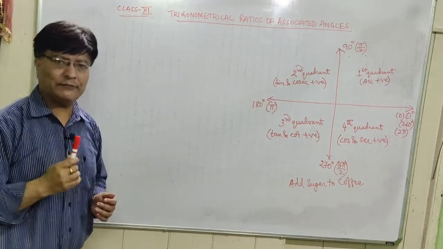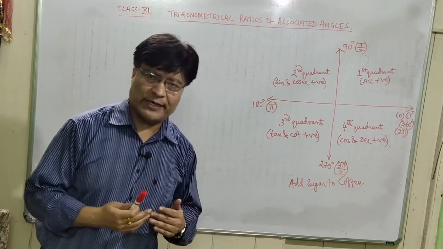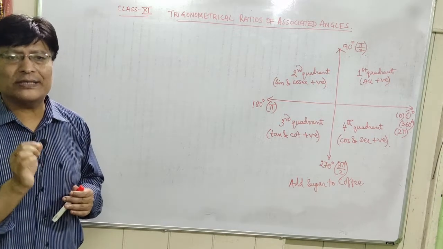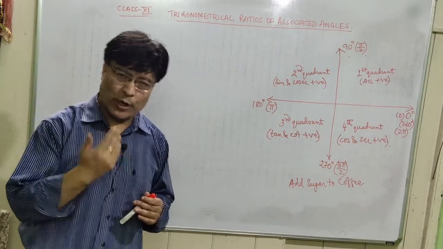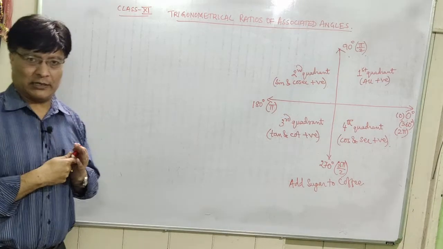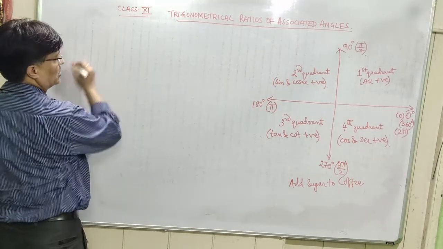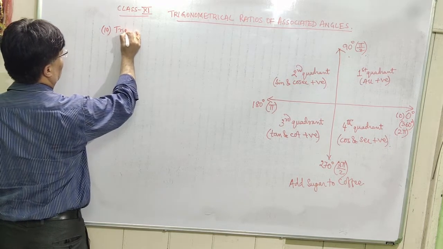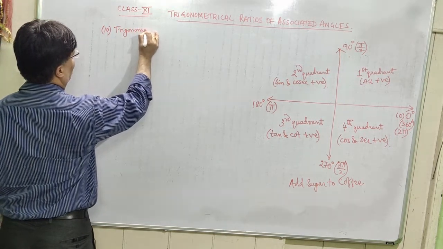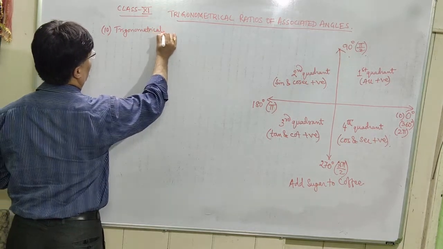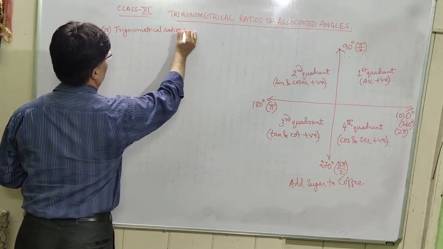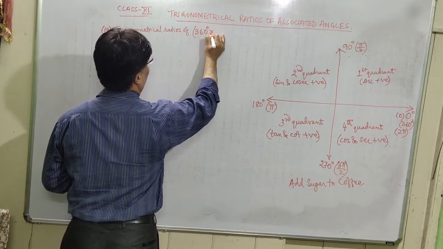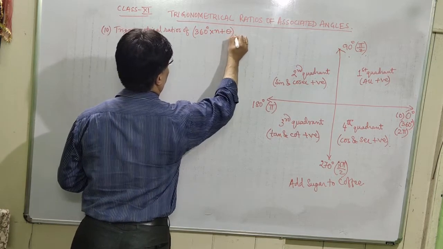Suppose the angles of the trigonometrical ratios are more than 360 degree. How can you write down the formula now? Suppose this is number 10, trigonometrical ratios of 360 degree multiplied by n plus theta.